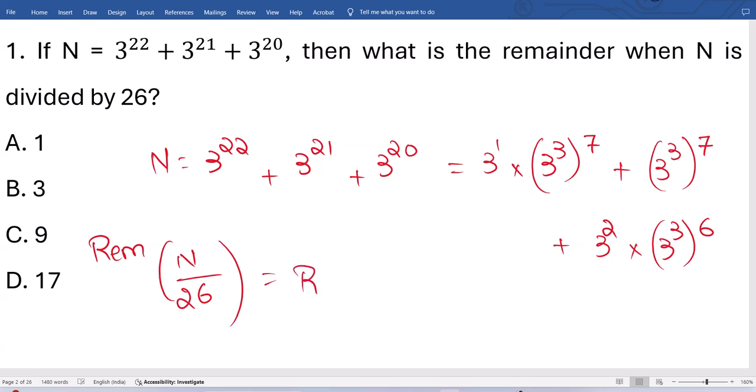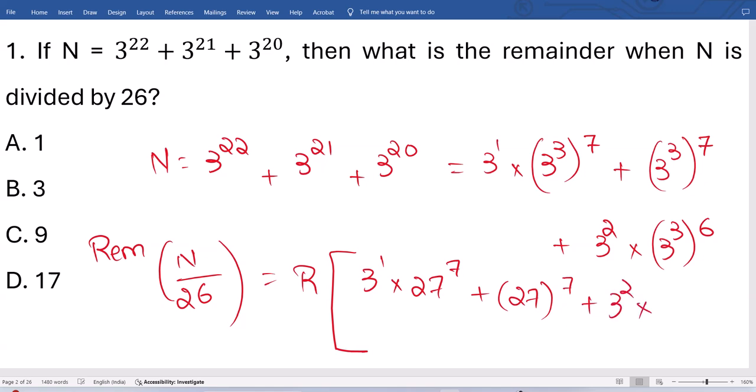I have to calculate R, R is nothing but the remainder. Now, 3 power 1 into 27 power 7 plus 27 power 7 plus 3 square into 27 power 6, divided by 26. Up to here, any doubt, please let me know.